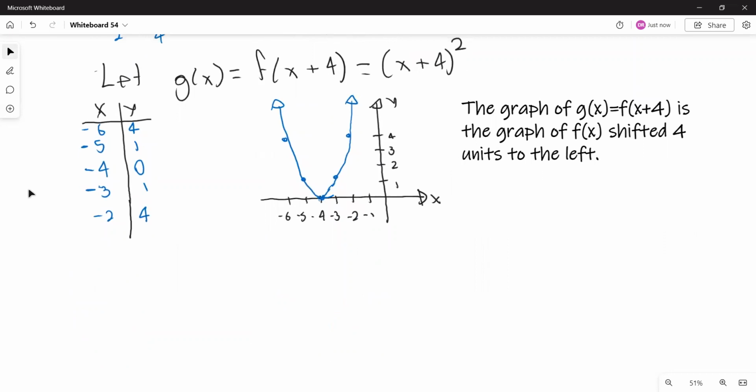And I'm going to do another transformation. Now let h of x be f of x minus 2. So that's going to be x minus 2 squared.